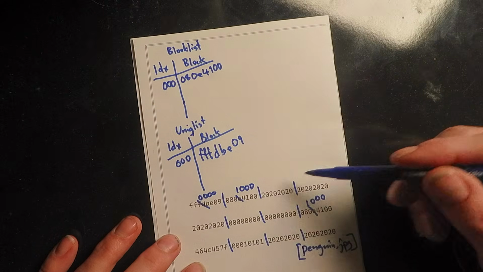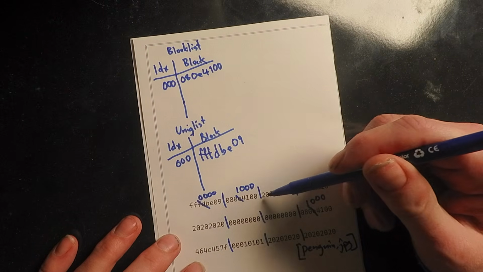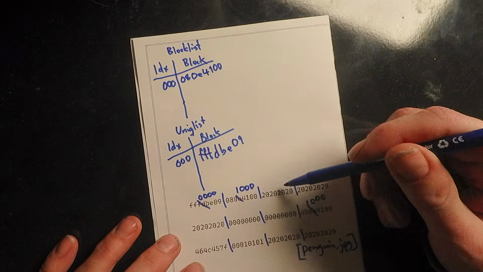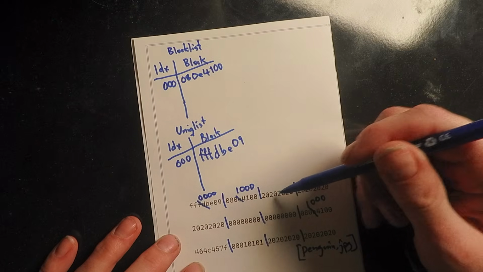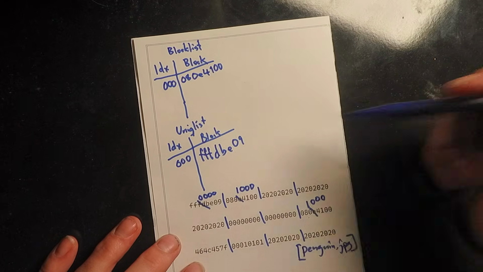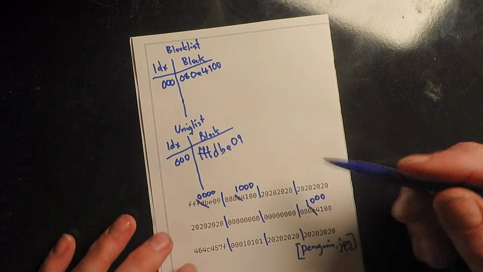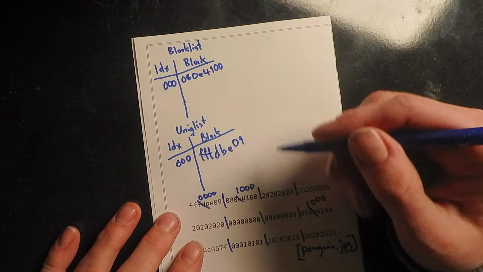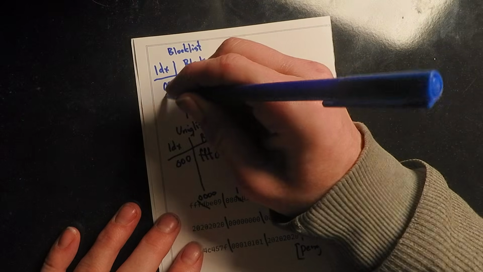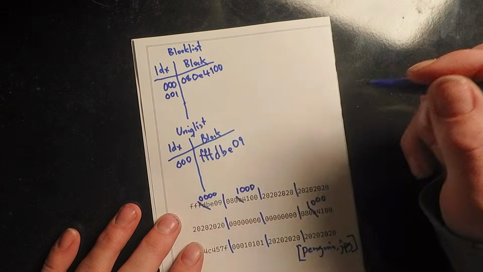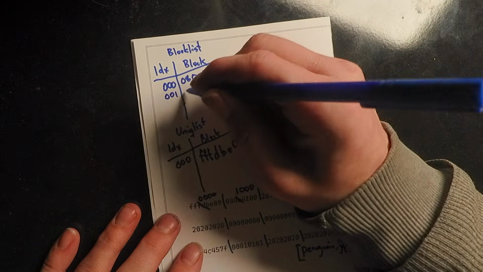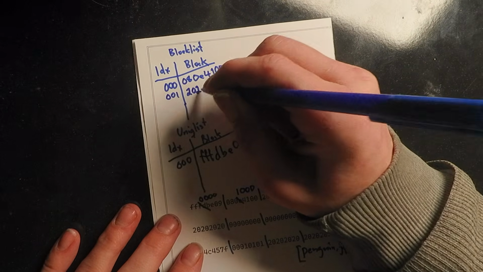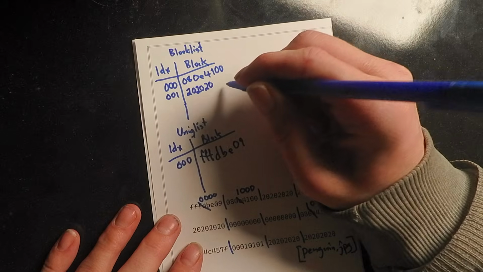But in this case it's more interesting, this 2020, etc. Because we have this block here, but we also have it here and here next to it. So we start the same way. We assign it an index, 001 in this case, and we type in the actual block data.